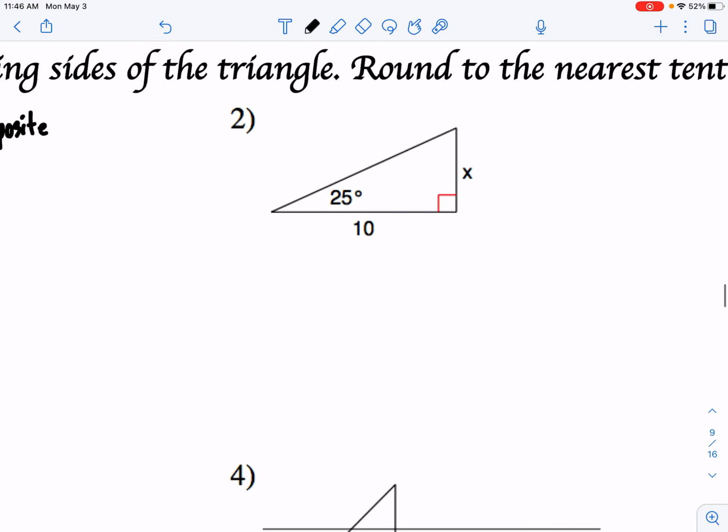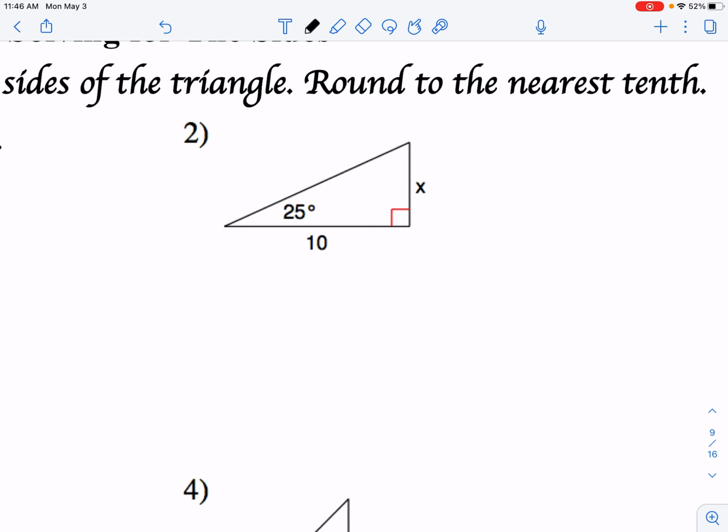All right. And number two, again, find my right angle sign, draw my arrow. This is my hypotenuse. Find my angle, I trap it. When I trap my angle, it touches the adjacent.